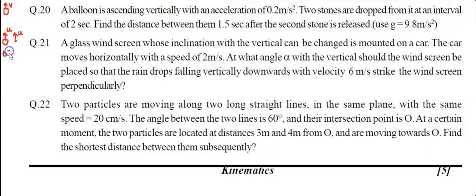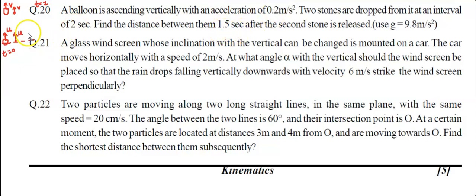This is the scenario at t equal to 0, and this is the scenario at t equal to 2 seconds after, when it is releasing another particle. This other particle will be moving with velocity v. Then we need to find the distance between the two after certain time intervals. So we can take this as our reference, and that time interval is 1.5 seconds.